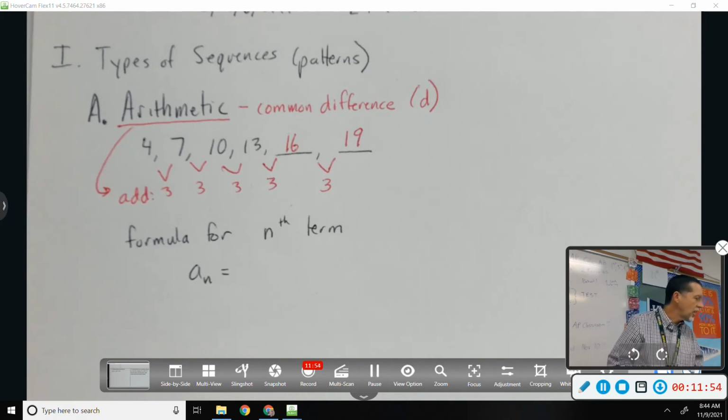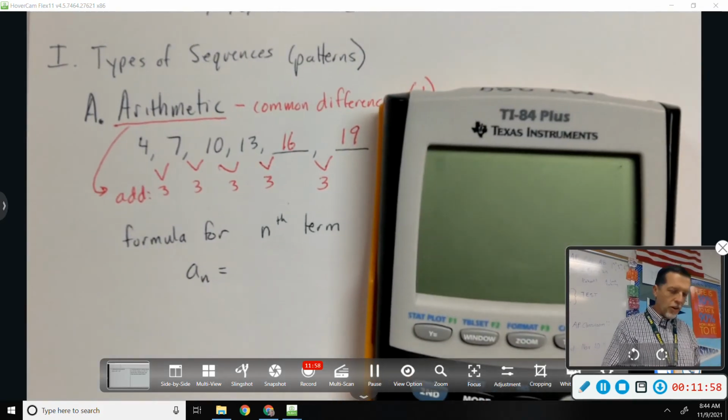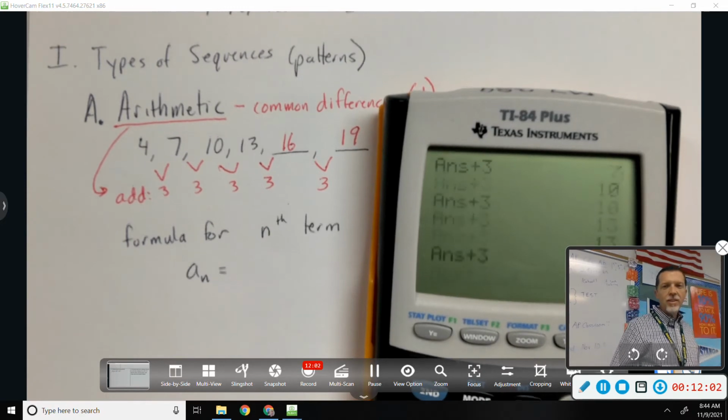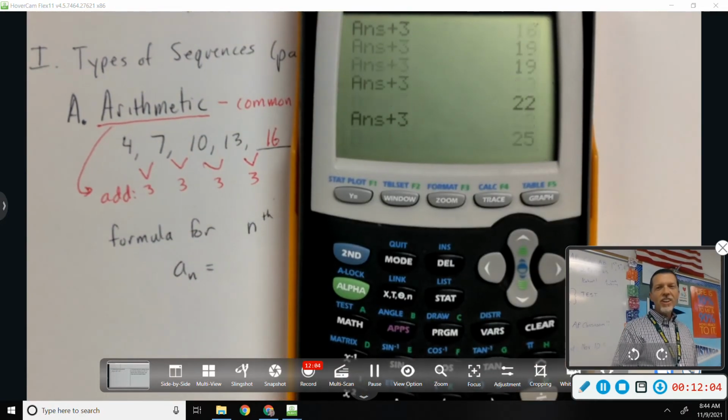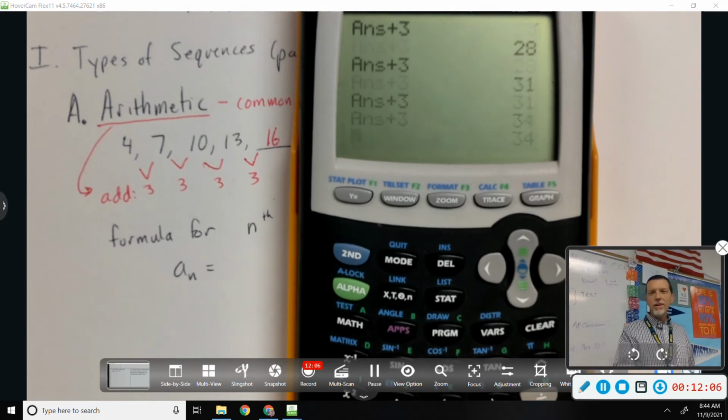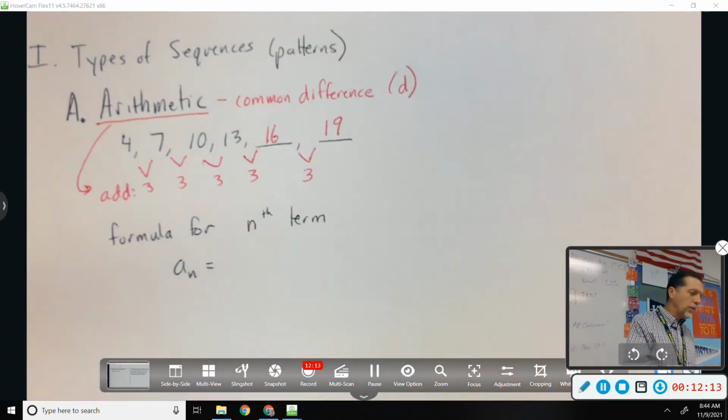My favorite thing on this test for the calculator part, when I ask for the 100th term, is I see this, 4 plus 3 plus 3, and then I see people just hit enter, which I guess is fine, but then you got to keep up with how many times have I hit enter? And then you lose count and you're like, oh, I don't know where I'm at. So that's one way to get to the 100th term. But there's a much better way.